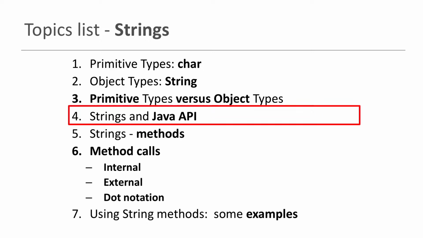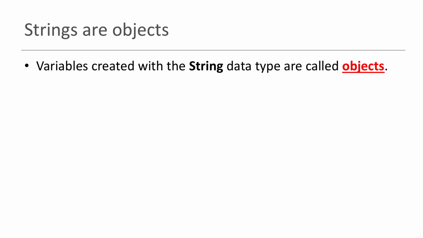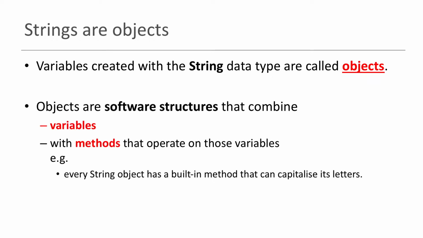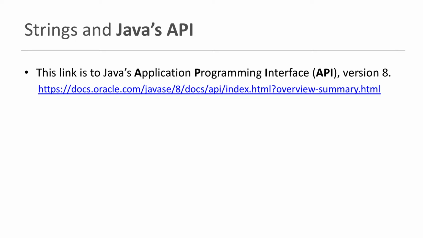So we're now going to look at what's the point of all of what we've just said. Well, variables created with the string data type are called objects, and objects are software structures that combine variables with methods that operate on those variables. Again, don't worry about this too much because we're going to be seeing this a lot in the coming weeks.